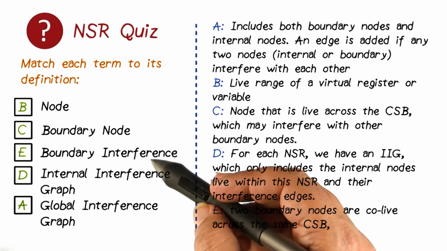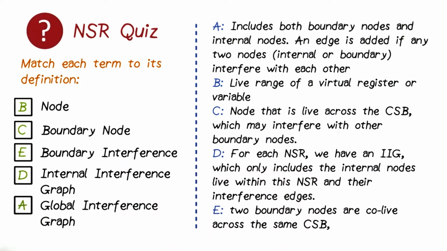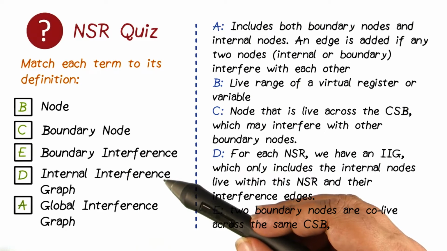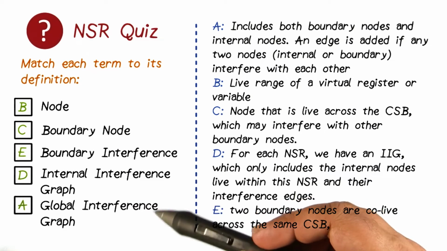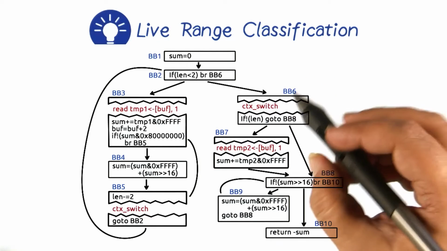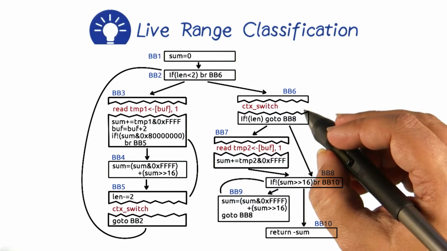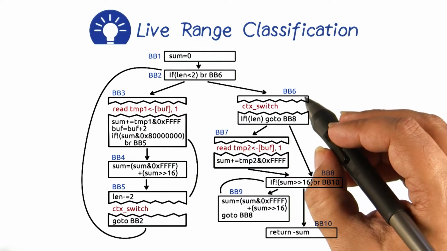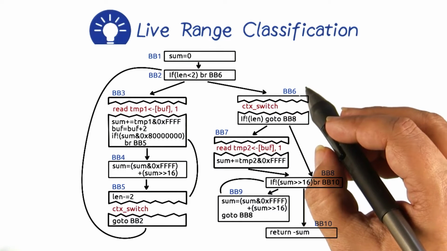And then the third one is purely internal interference between the nodes which are within an NSR. And then finally, we have a global interference graph which captures both local and global interferences. Now, having found this NSR and CSB, which is the context switch boundary here, and having determined the live ranges, now let us see how we can classify them.